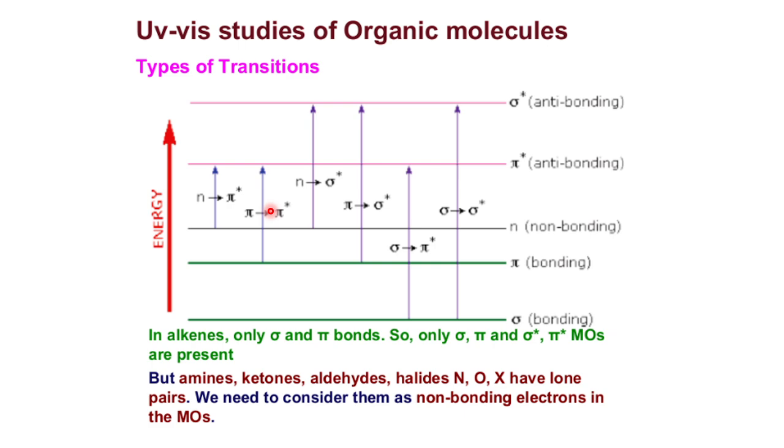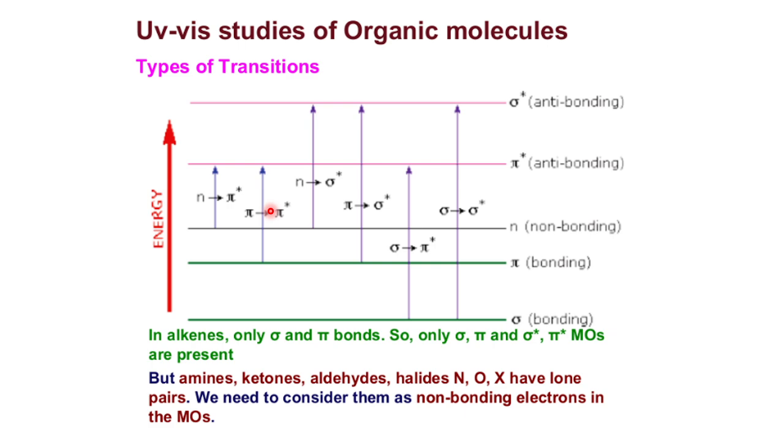So usually the most probable transitions are n to pi star, pi to pi star, and then n to sigma star.